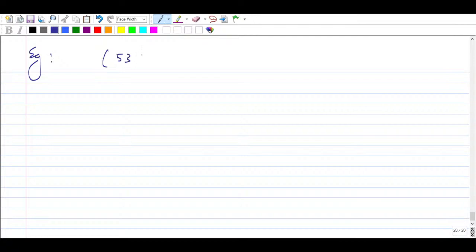You can also take the example of how to convert decimal to octal. This is given as 539 in the decimal number system. You have to convert it into octal. Again, you have to divide the number by the base, that is 8.